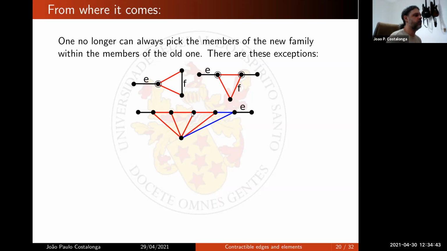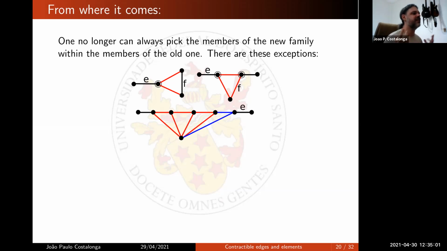And the inner fan will be the set of red edges. But when you look at this in G, not in G contraction E, you have a larger H inner fan. So we'll pick the larger fan.